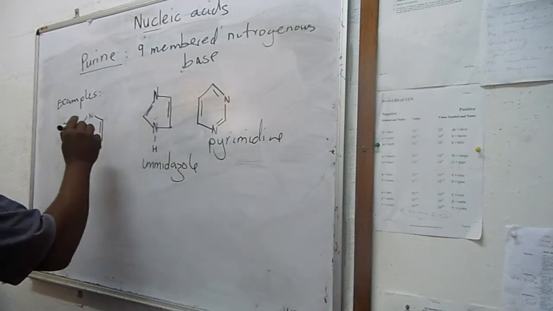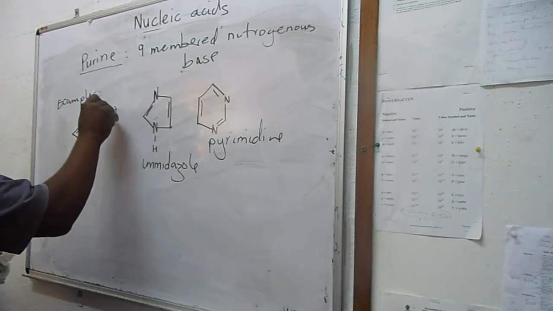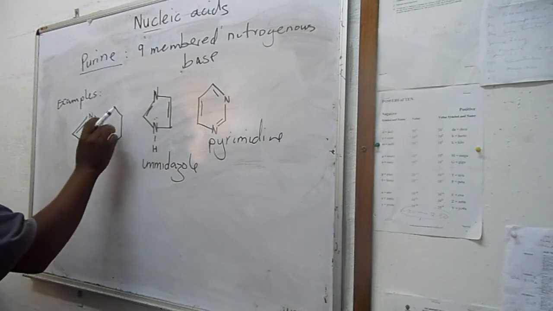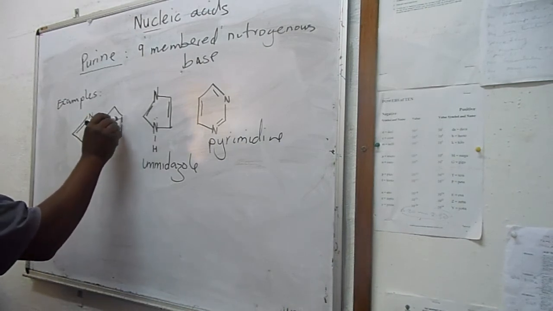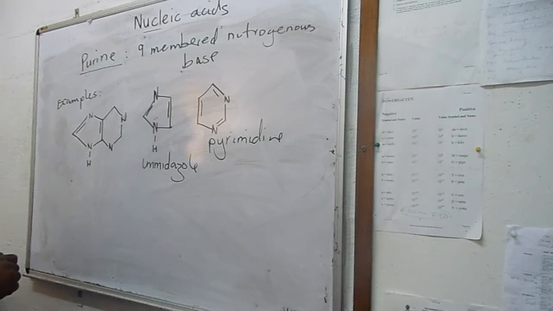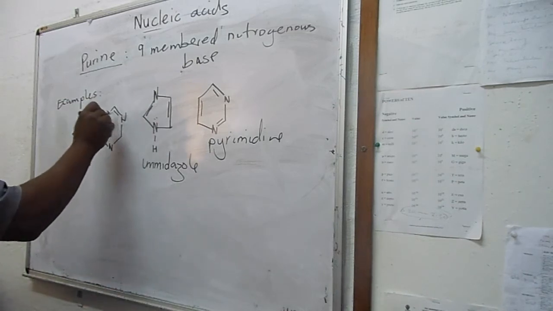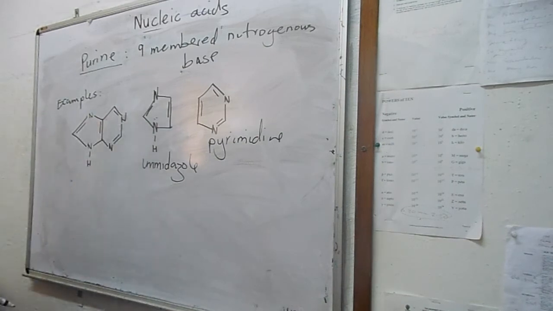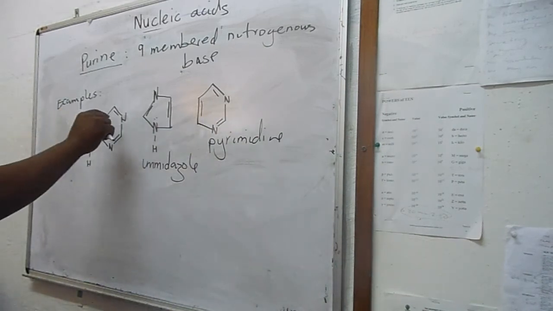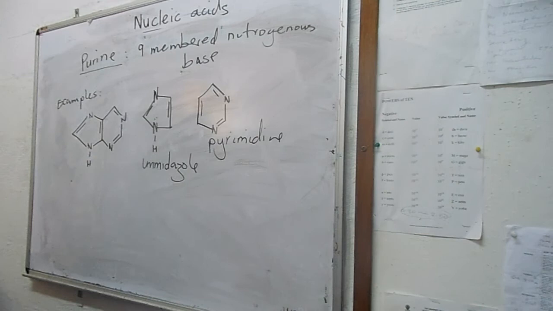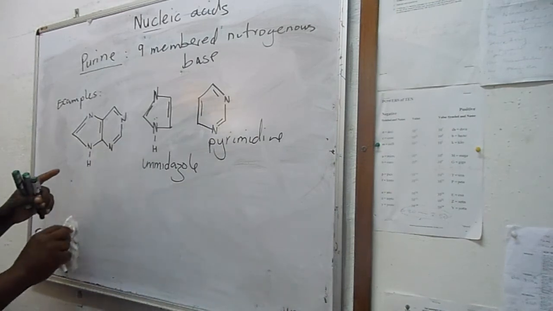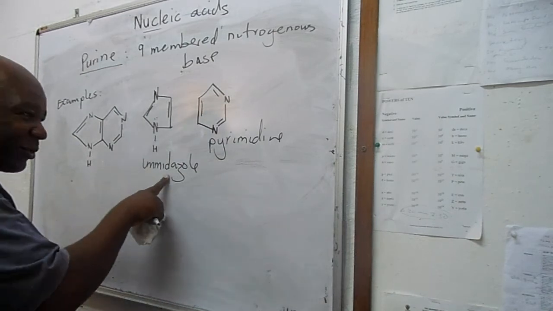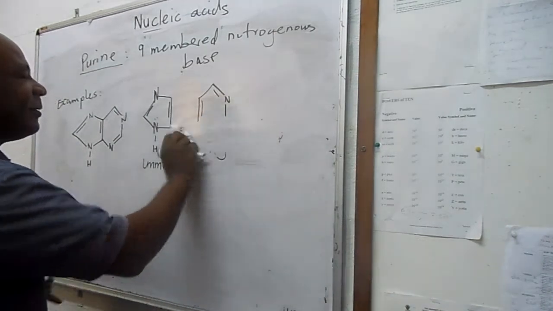I bring now my pyrimidine there. Remember there is a nitrogen here. That's my pyrimidine. Double bond there, and a double bond there. So I have a bicyclic compound made up of imidazole and pyrimidine.